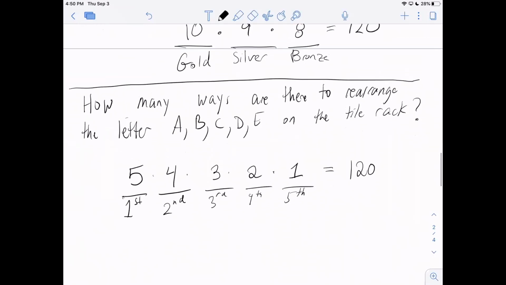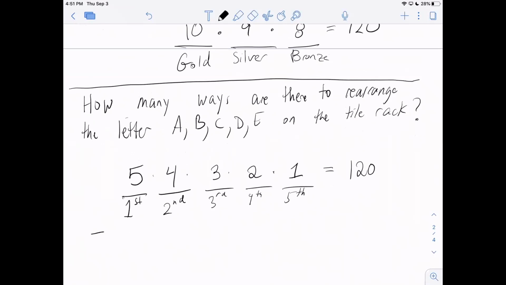Because this shows up a lot in counting, it's the number of ways that we can rearrange 5 objects. If you had 7 objects, you would do 7 times 6 times 5 times 4 times 3 times 2 times 1, all the way down. We have a name for this.